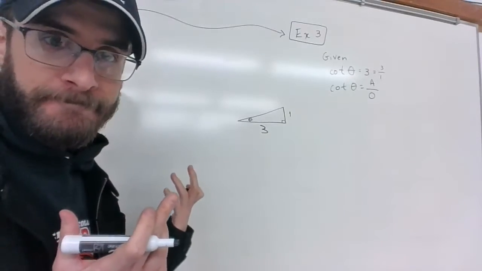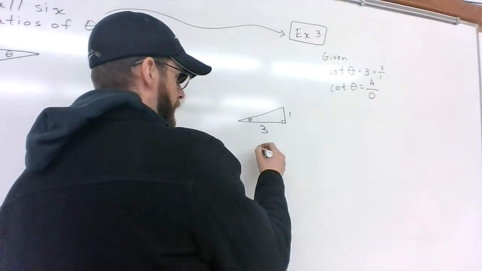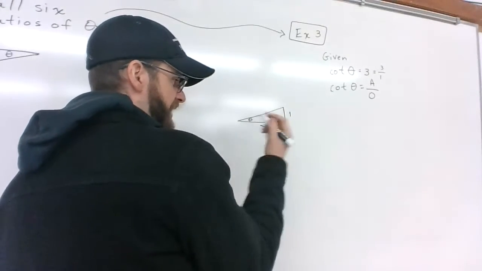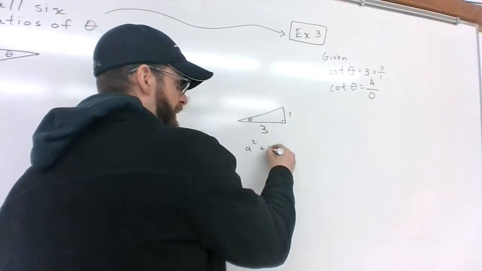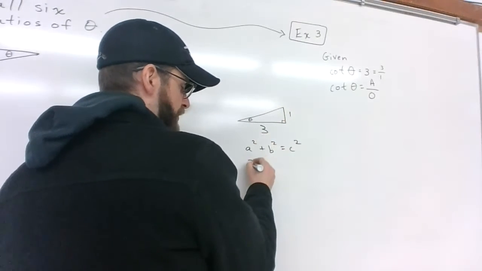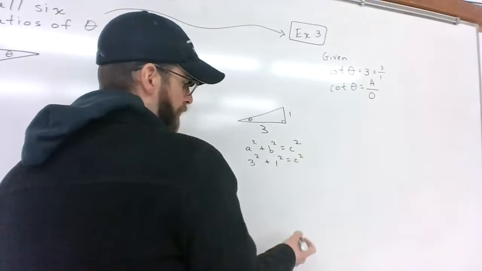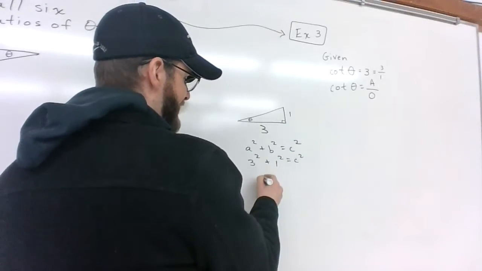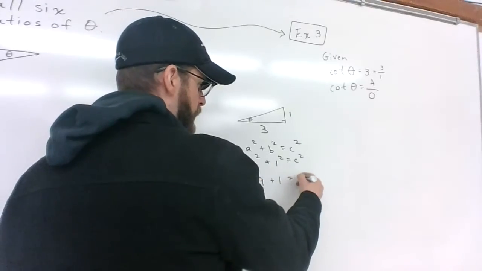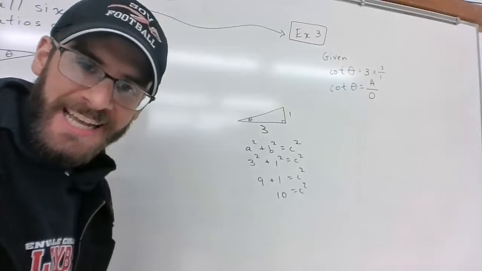Now we just do exactly what we did before. Our unknown side is the hypotenuse, so a squared plus b squared equals, the unknown in this case is c squared. a squared is 3 squared, b squared is 1 squared, and then we solve for c. So it's going to be 9 plus 1 equals c squared, 10 equals c squared, root 10 is c.